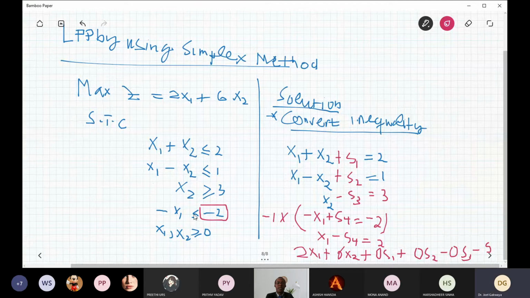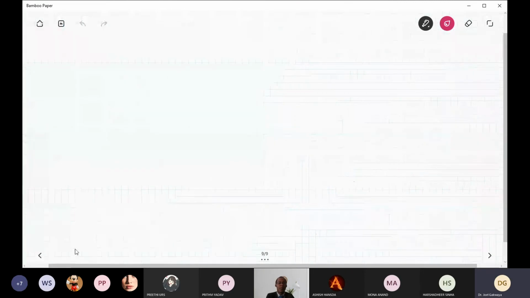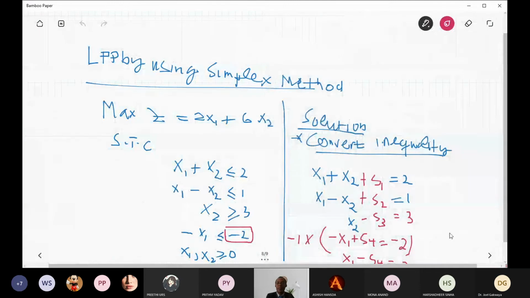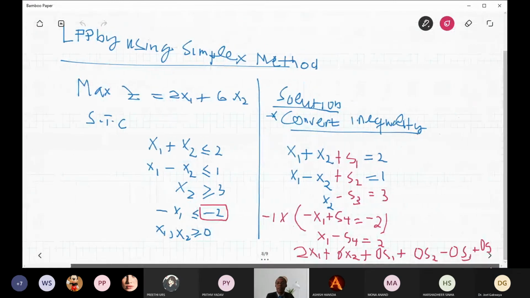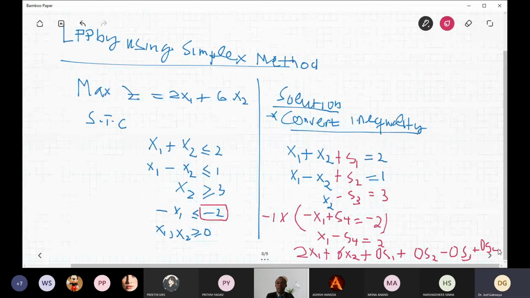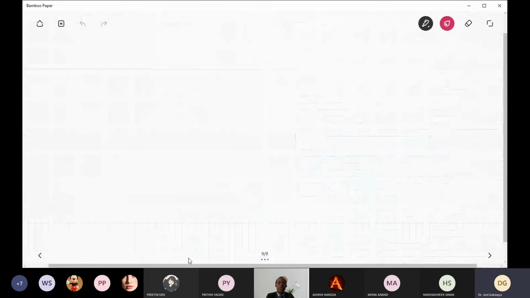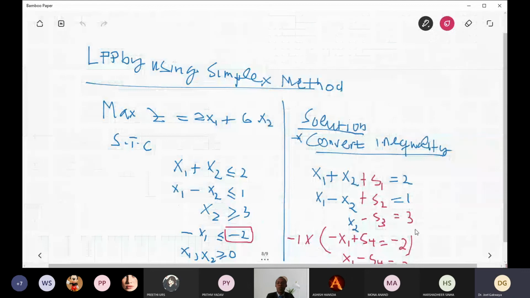The sign was a plus here, so we do plus 0 S4.